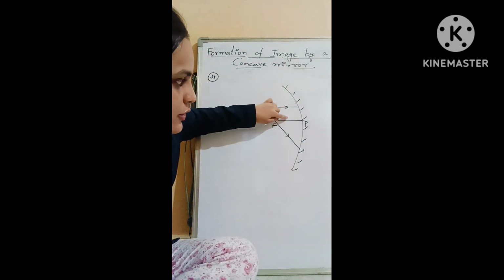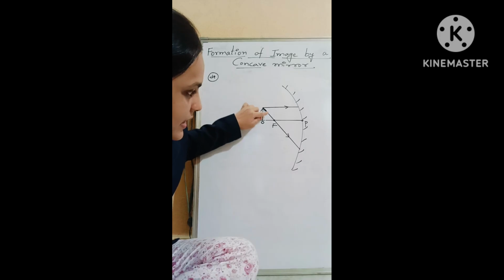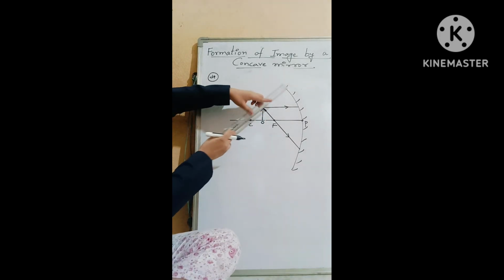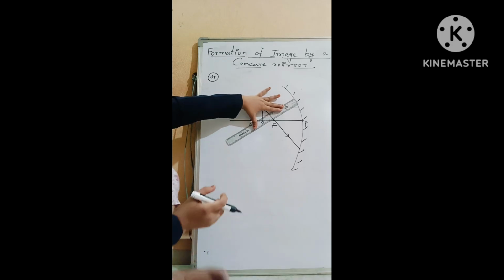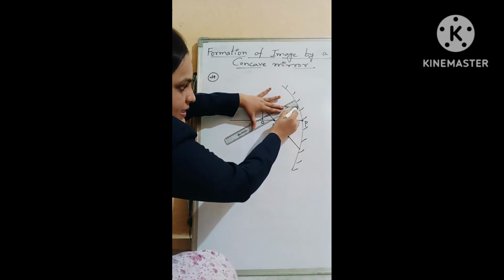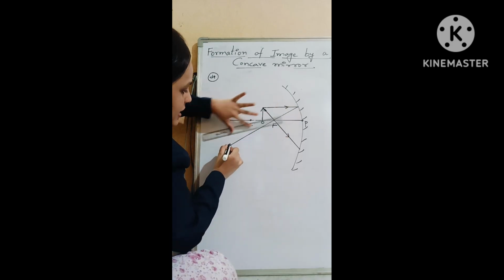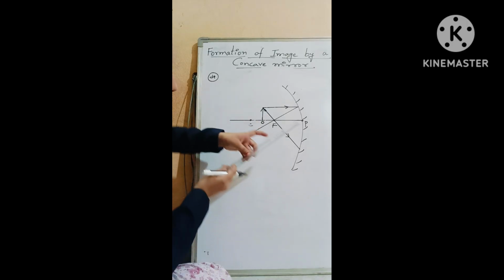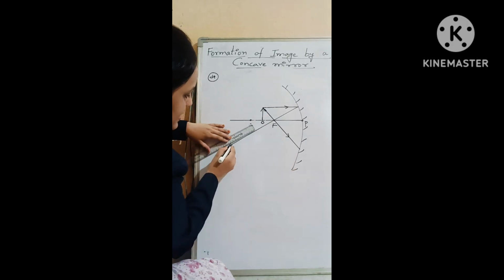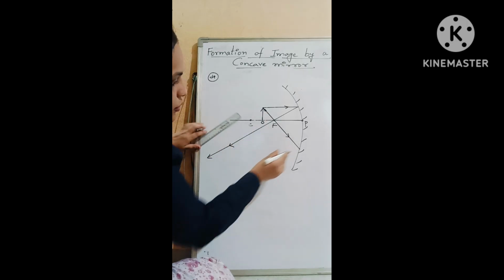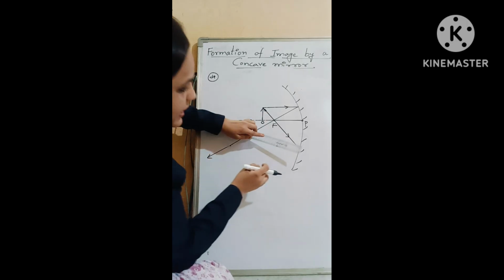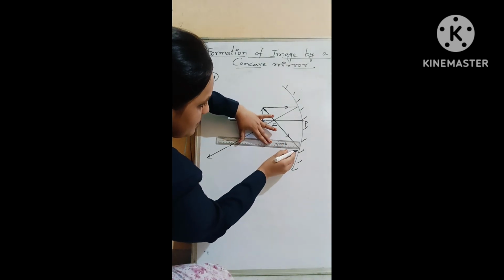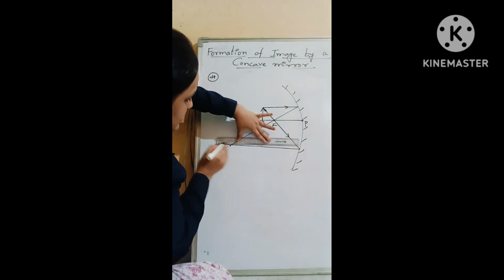One is parallel to the principal axis and one ray is passing through the focus. The ray which passes parallel to the principal axis passes through the focus after reflection. Next, coming to the second ray, this ray is passing through the focus. So after reflection, it travels parallel to the principal axis.